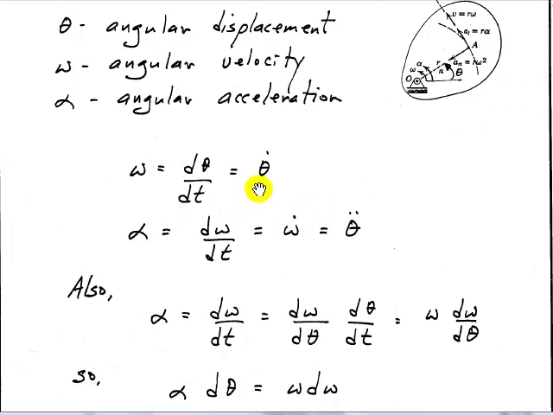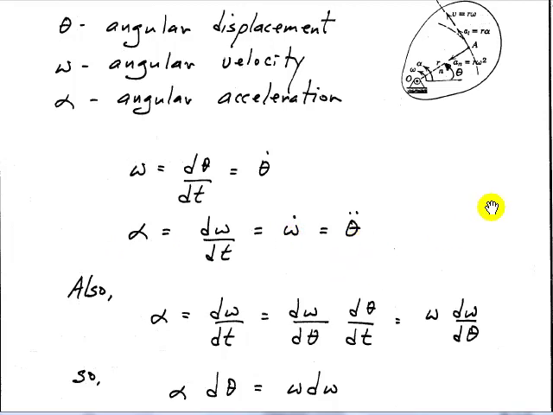And then, if we want to work backwards from omega, angular velocity, omega dot, which is d omega dt, we will often call alpha, which stands for angular acceleration. So angular acceleration is d omega dt, which is omega dot, which is theta double dot.